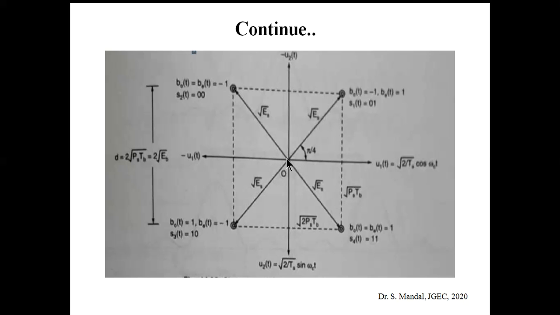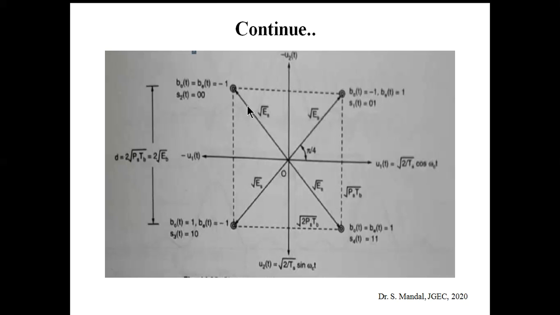However, in the signal space diagram, in the upward direction we consider negative, and in the downward direction we consider positive u2. That means the fourth coordinate can be considered as 1 1, where both are positive. And this coordinate is where one bit is minus 1 and the other is plus 1.